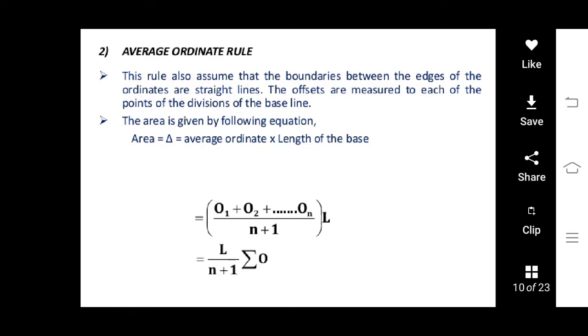Area is equal to average ordinate into length of the baseline, which is equal to (O1 plus O2 plus O3 dot dot dot up to last section) upon (n plus 1) into total length of chainage, which is equal to L upon (n plus 1) into summation of all ordinates.